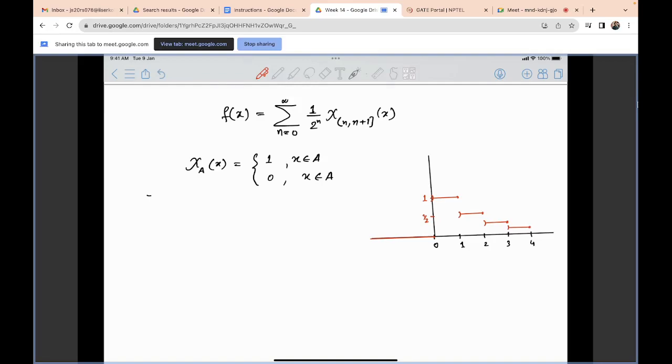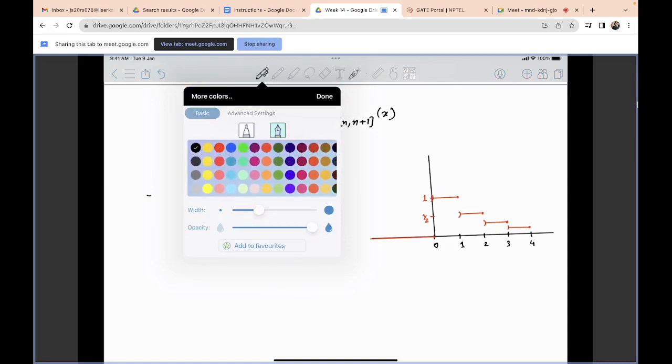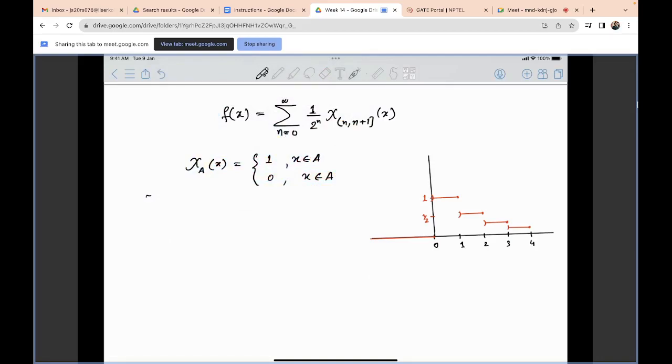So how can you write this function? f(x), if you write it explicitly, will take the value 0 whenever x is in minus infinity to 0, and 1 when x is in open 0 to closed 1.